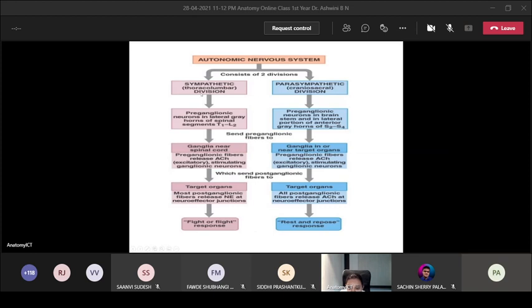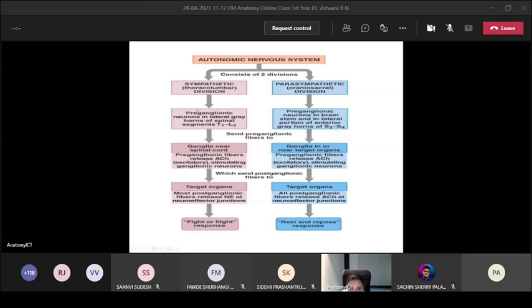Sympathetic outflow is from the thoracic part of the spinal cord and the upper two segments of the lumbar part, that is T1 to T12 and L1, L2. That is the thoracolumbar outflow, which is sympathetic, whereas craniosacral, the cranial and sacral parts, give parasympathetic fibers. So the parasympathetic outflow is craniosacral and sympathetic is thoracolumbar outflow.